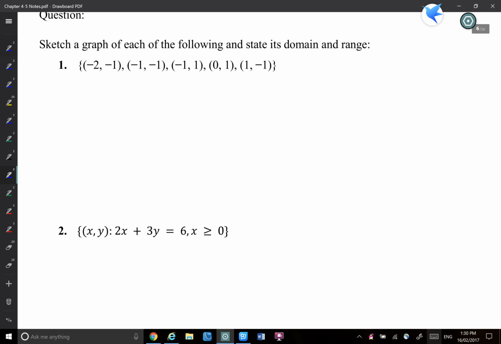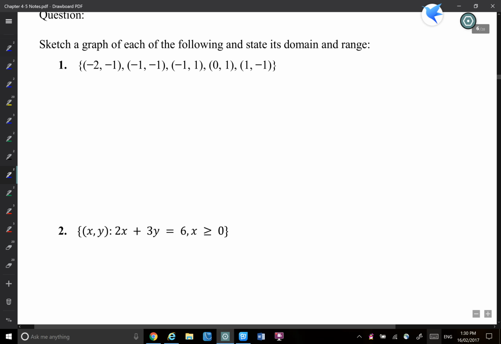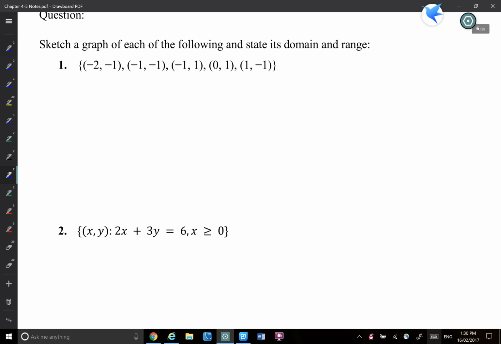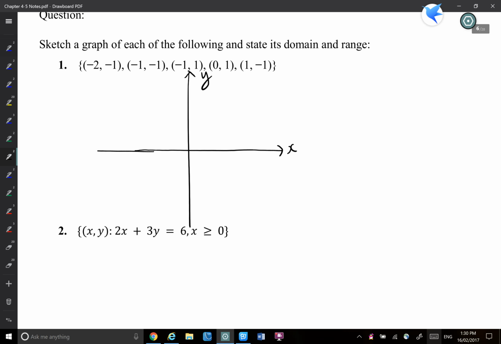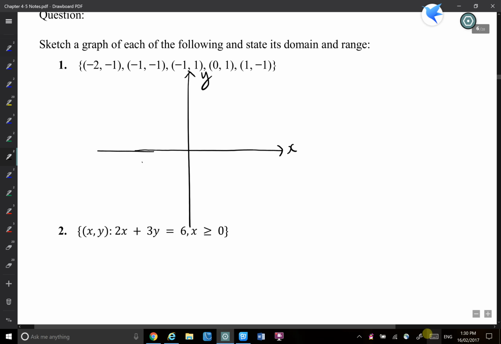A dot, a dot, a dot. How many dots? 1, 2, 3, 4, 5. We have 5 dots in this question, so we just need to sketch 5 dots. How can we sketch it? We draw the x and y axes. The first point is (-2, -1), which is here.